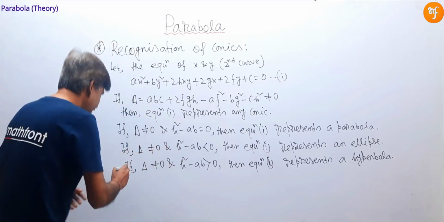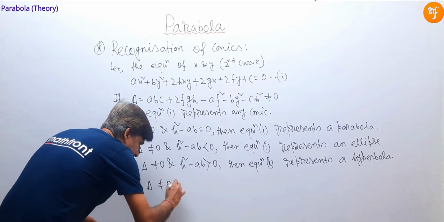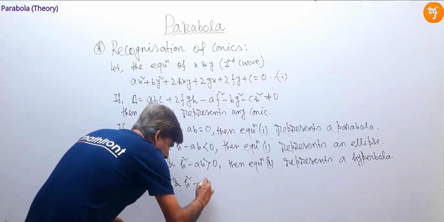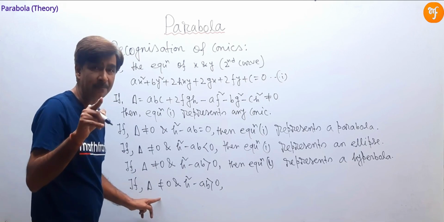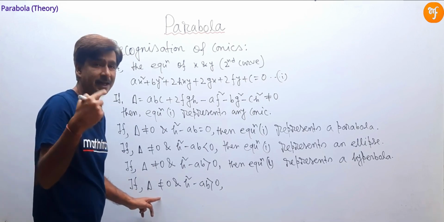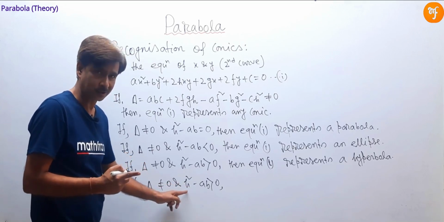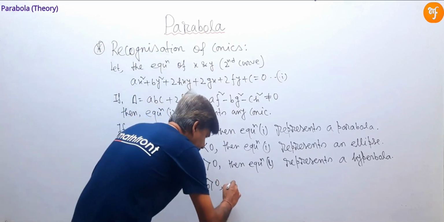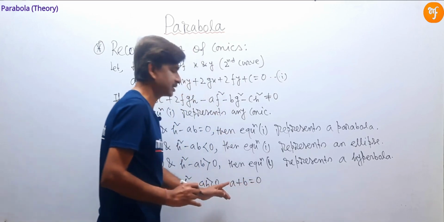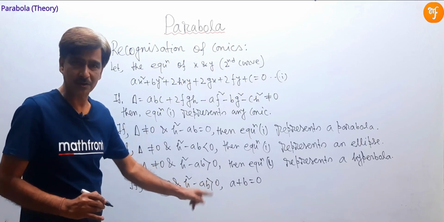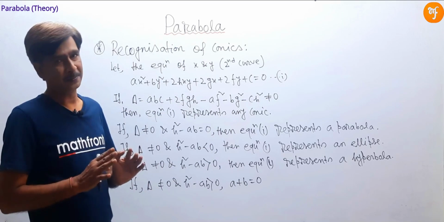So if delta is not equal to 0 and h square minus ab is greater than 0, this is the condition for a conic to become a hyperbola. Rectangular hyperbola is also a hyperbola, that's why these two conditions are required. The additional condition is that a plus b is equal to 0, that is the sum of coefficients of x square and y square is equal to 0. Then equation 1 represents a rectangular hyperbola.